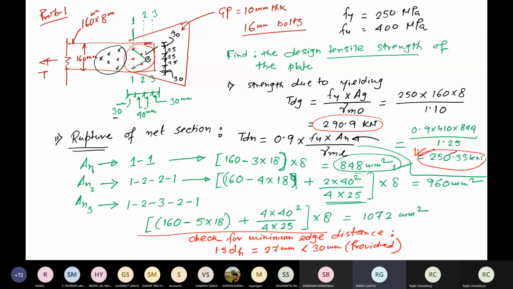Section 1 experiences the most tensile force rather than the last bolt in section 3. Though the area is minimum, the bolt may fail. Yes. That's true.